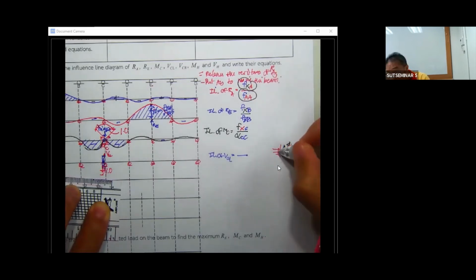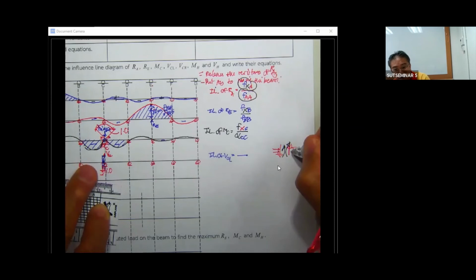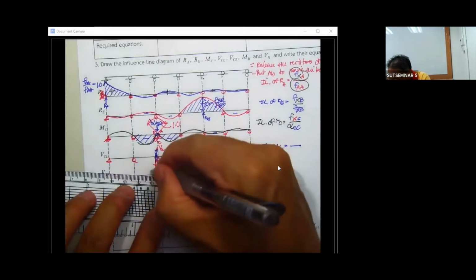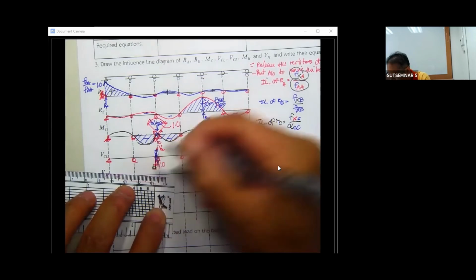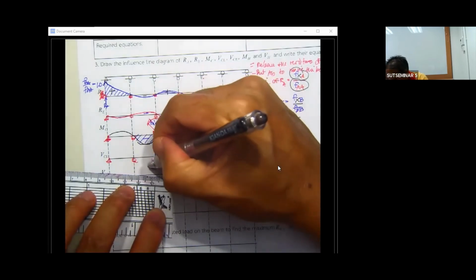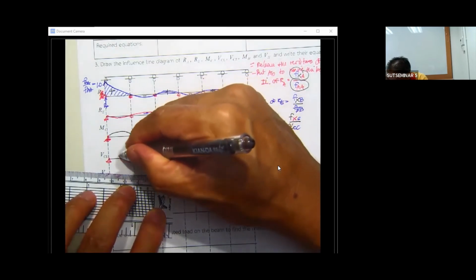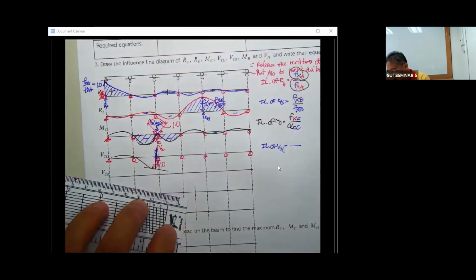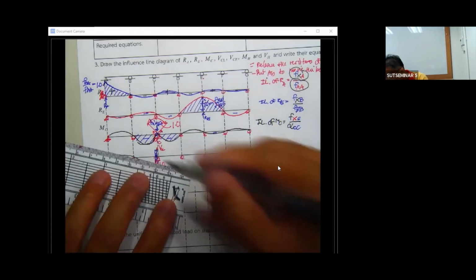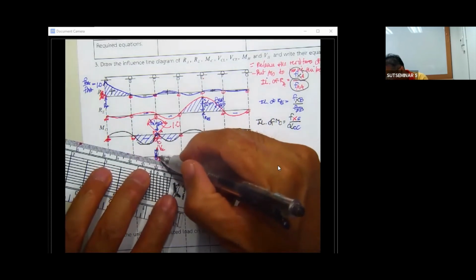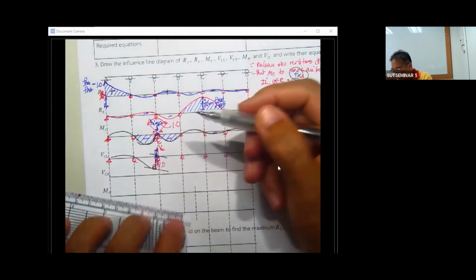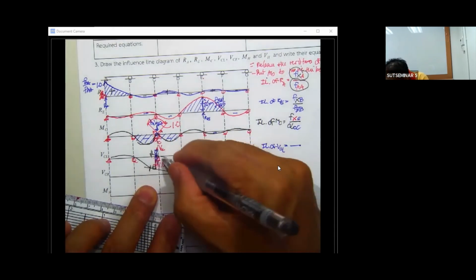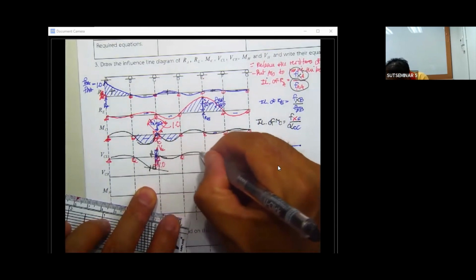When you release only the shear here, there's still a bit of moment resistance. So the movement here is going to be something like this, and there is the slope here. This one cannot lift up, it's still here, but with the same slope. So this one will deflect like this.